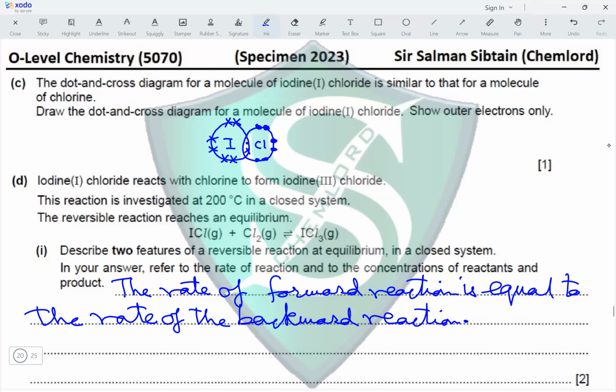Okay, so this is one feature of a reversible reaction. The other thing that they mention is to include concentrations of the reactants and products.